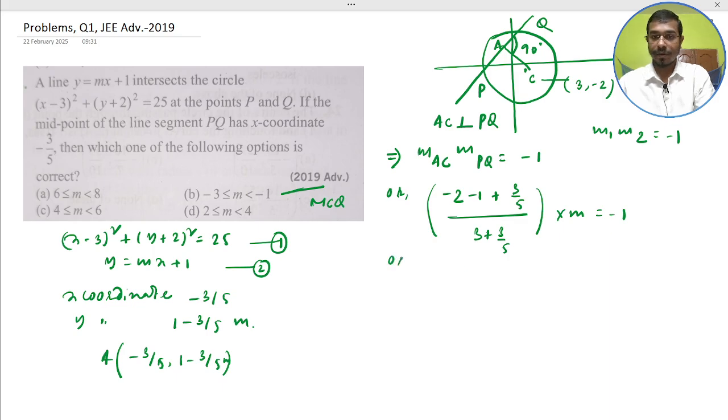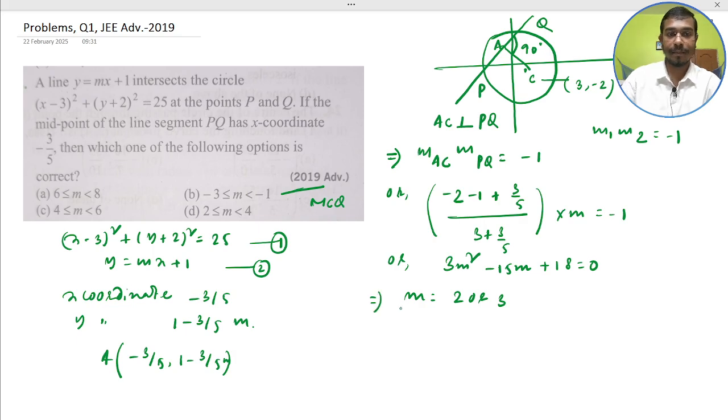You would get a quadratic equation 3m square minus 15m plus 18 is equal to 0. You would get the value of m as 2 or 3. So 2 less than or equal to m less than 4. Option D is correct. Next.